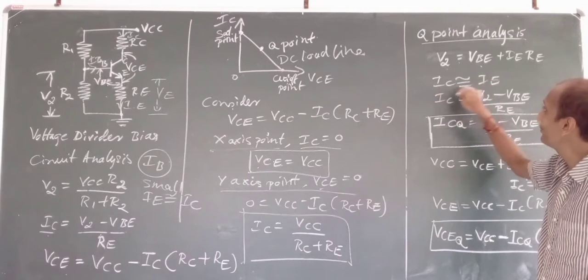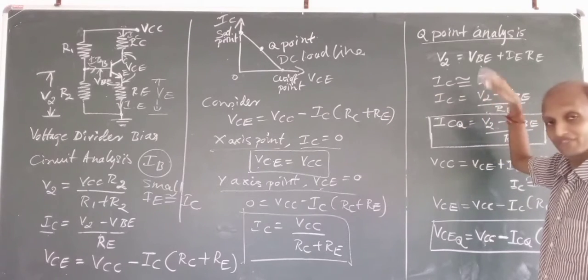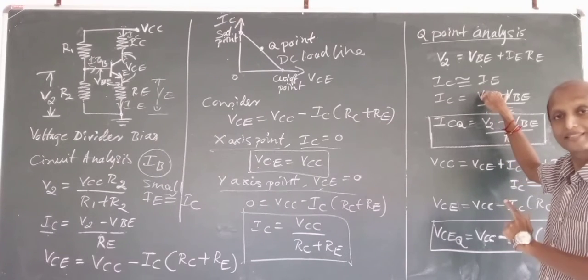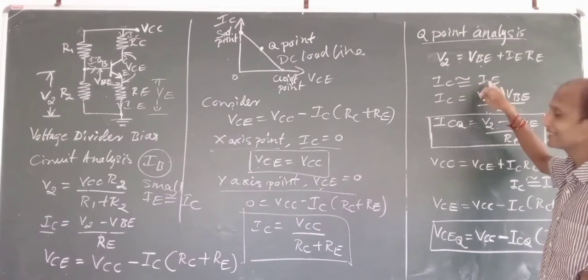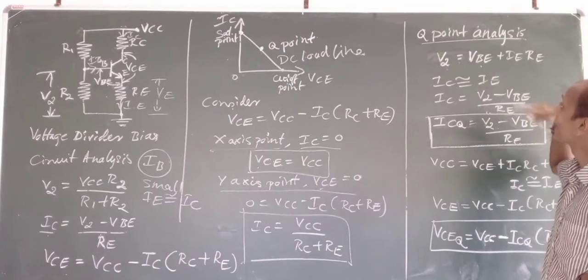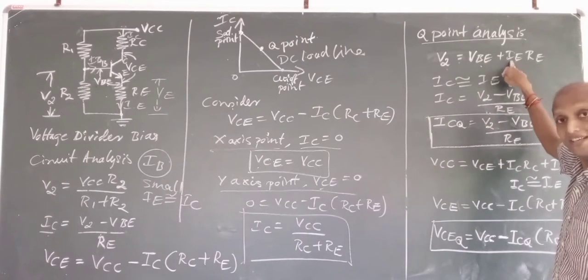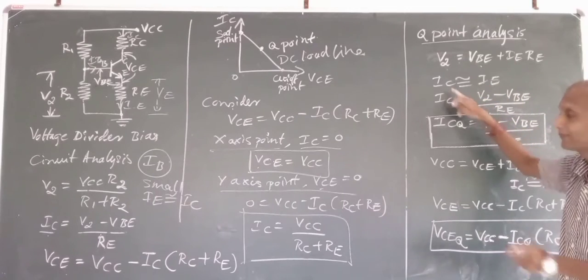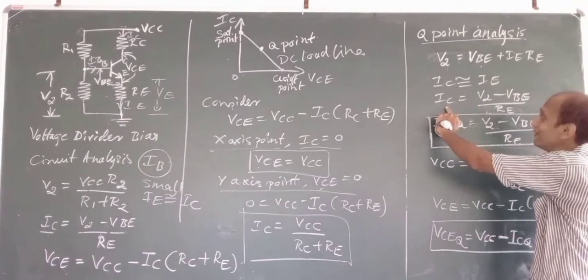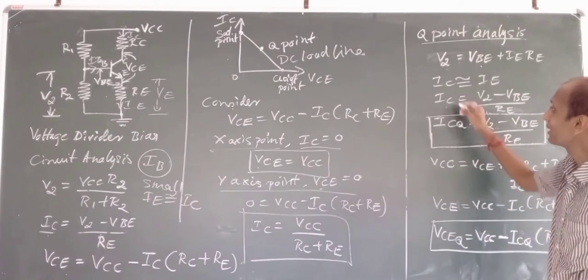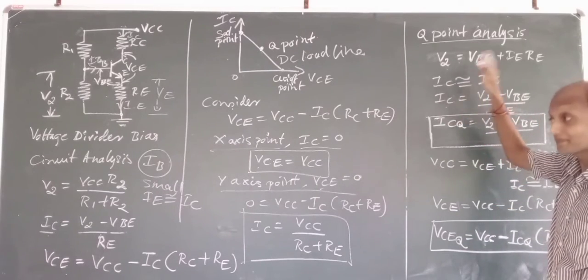We know that IC is approximately equal to IE, isn't it? So with this substitution, instead of IE I write IC. Then IC will be equal to V2 minus V3 divided by RE.